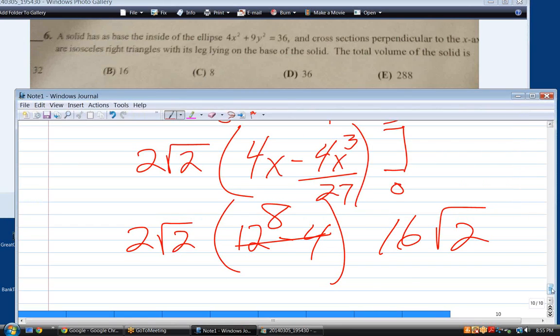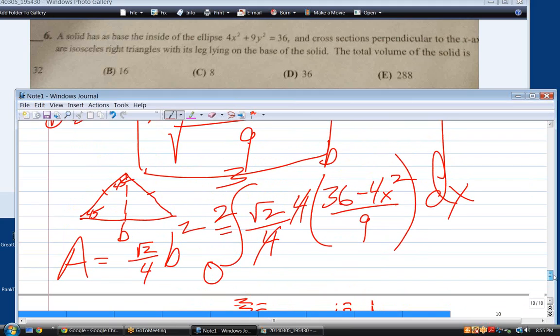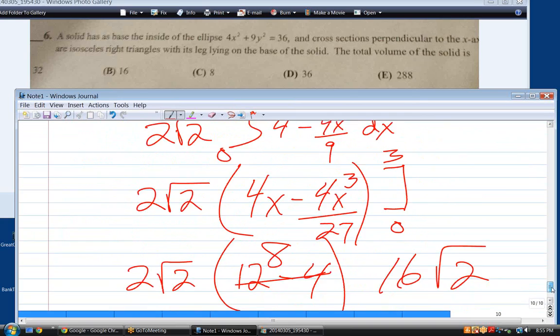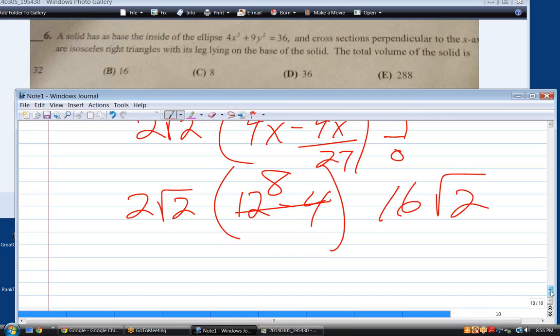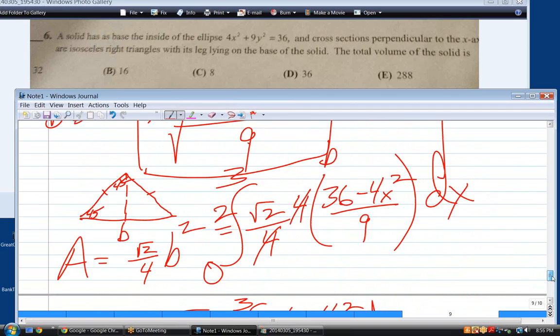I think I messed up on finding the height, although actually that sounds right. What am I off by? A factor of... That root 2 might be the thing that I'm wrong on.